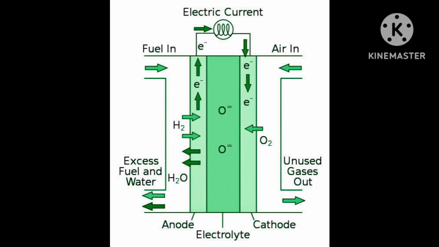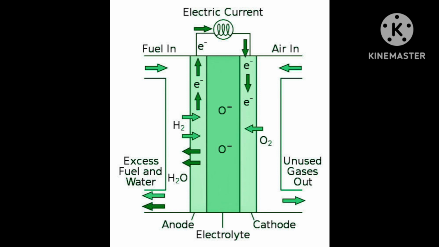Now understood. Okay, here the energy of combustion of fuels, what type of fuels? Like hydrogen gas, methane gas, methanol, etc. directly is actually converted into electrical current or electrical energy.